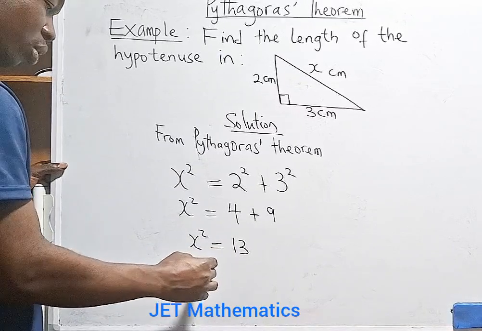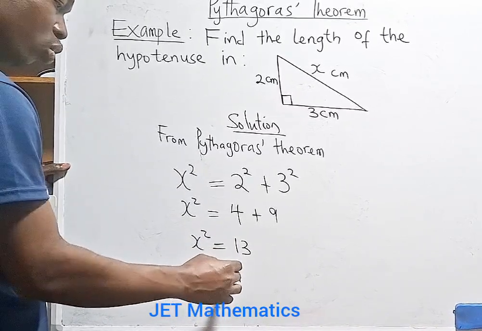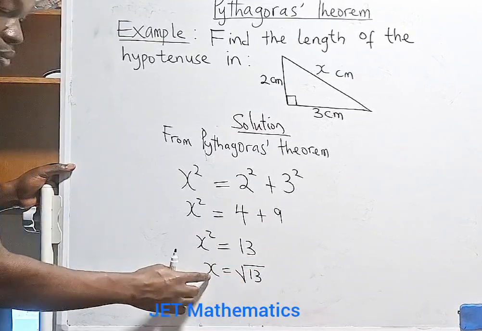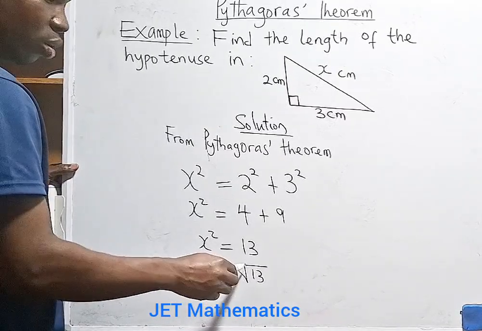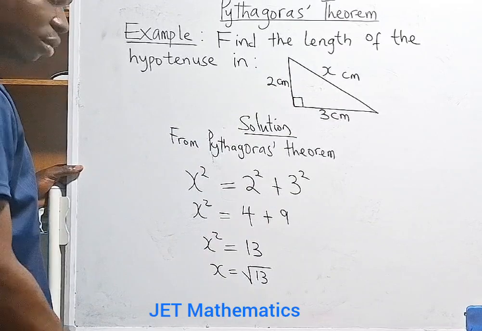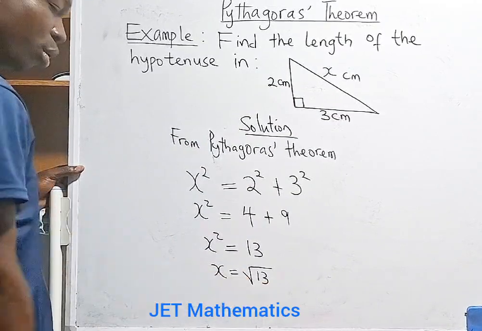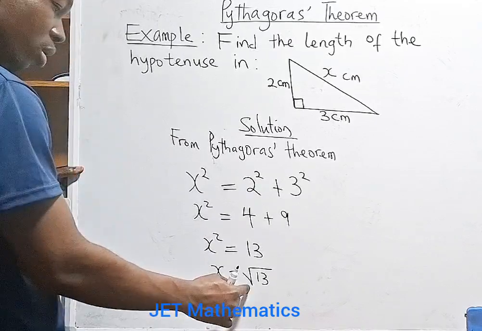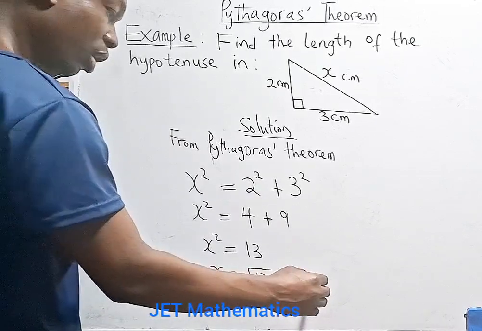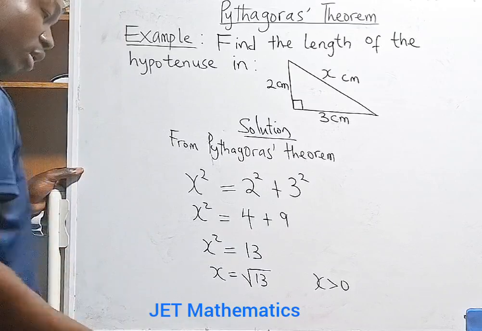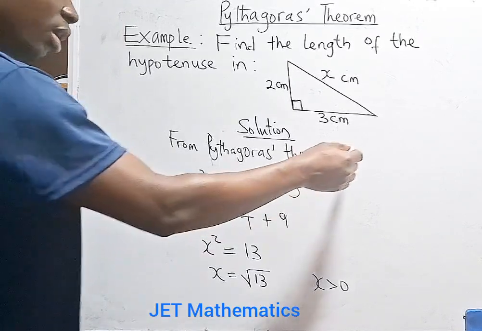So when we square root both sides, we have the square root of 13. We are taking only the positive square root because the length is going to be positive. So you can state here that s is greater than 0, so s is positive.